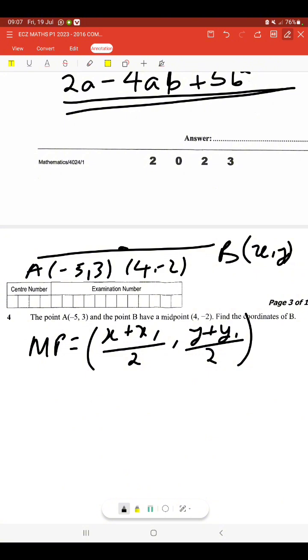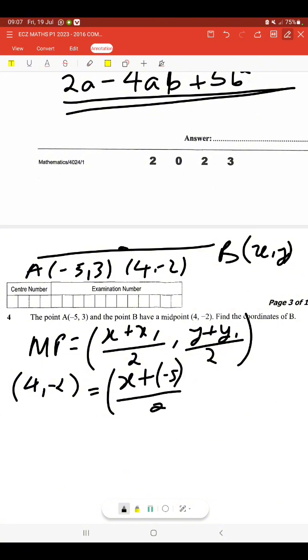The midpoint has been given as (4, -2), equal to (x plus -5) divided by 2, (y plus 3) divided by 2.